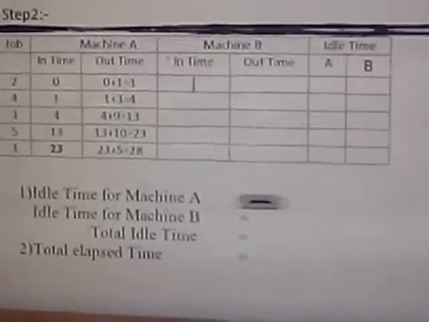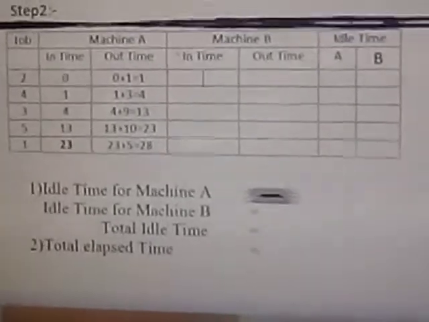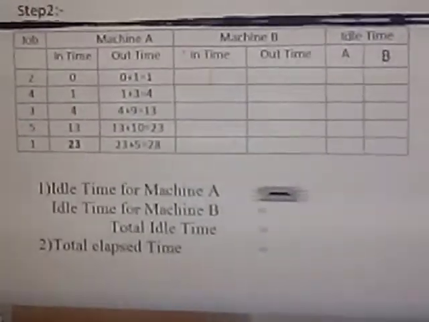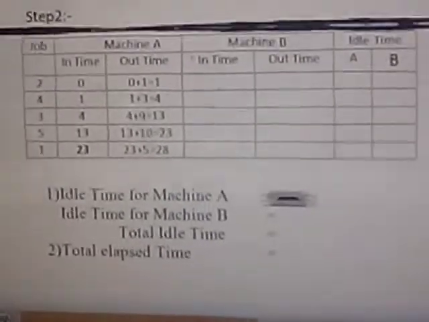Let's see machine B. The first out time of machine A will become the in time for machine B, that is 1 is written down here.